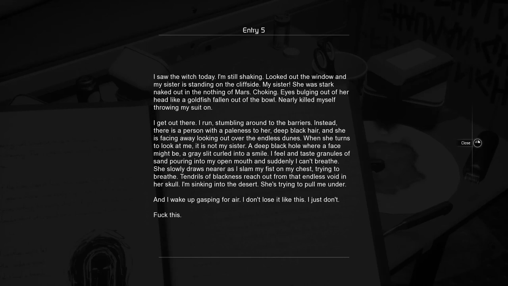I get out there, I run stumbling around the barriers. Instead, there's a person with a paleness to her, deep black hair, and she is facing away, looking over the endless dunes. When she turns to look at me, it's not my sister. A deep black hole where a face might be, a grey slit curled into a smile. I feel and taste granules of sand pouring into my open mouth, and I suddenly can't breathe.